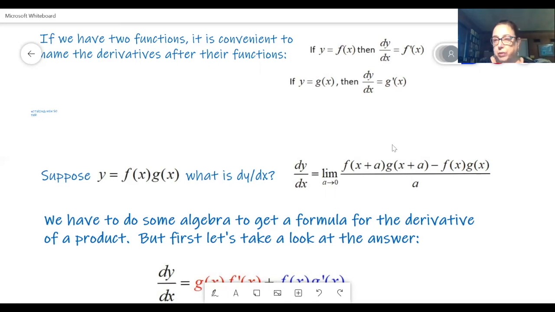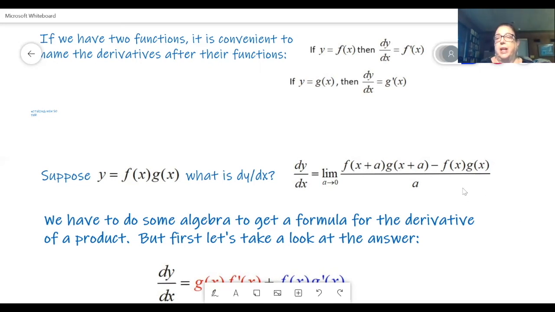This is the product of those 2 functions at x plus a minus the product of those 2 functions at x, over a. This is the slope of a secant. Then we take the limit as x plus a gets infinitely close to x, which means a gets infinitely close to 0. And that gives us the slope of the tangent, the derivative.